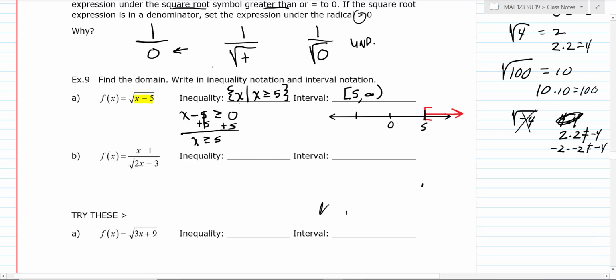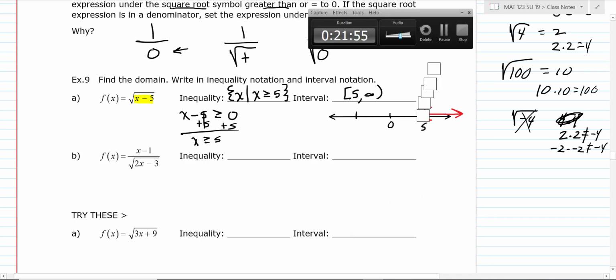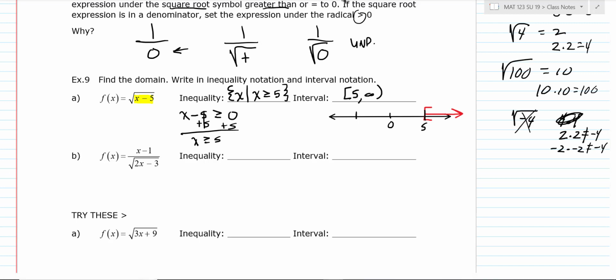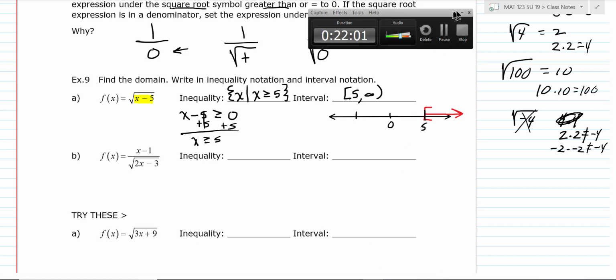Oh, come on, stupid thing. Okay, so I think I got everything working here again.